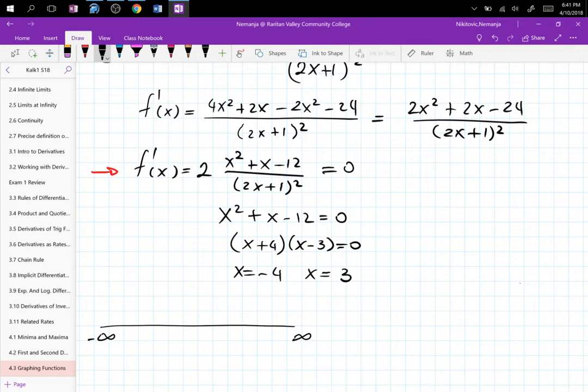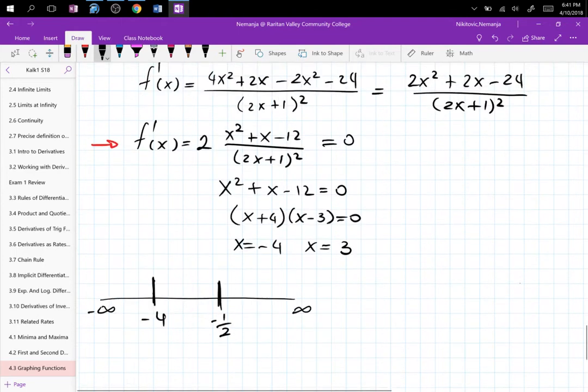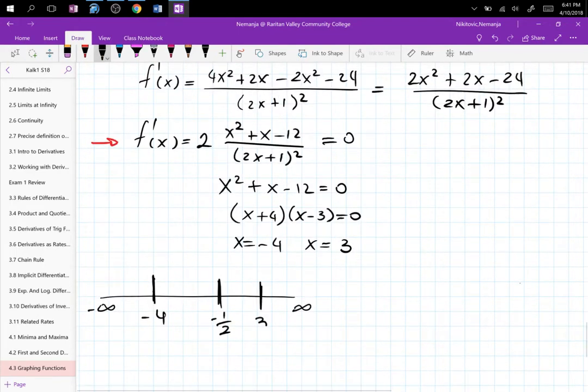So we have the asymptote at negative 1/2. So we have a partition at negative 4. We have a partition at negative 1/2. We also have a partition at 3.